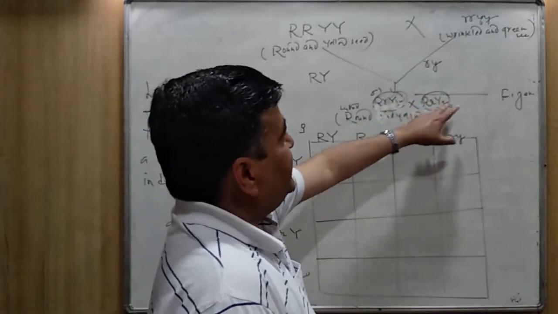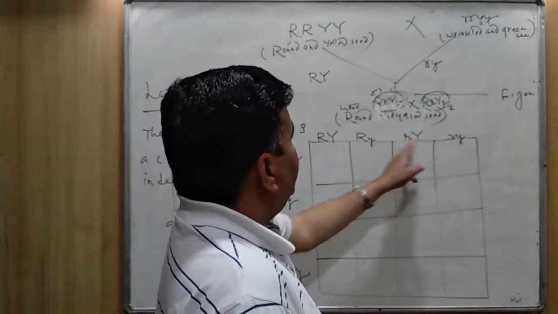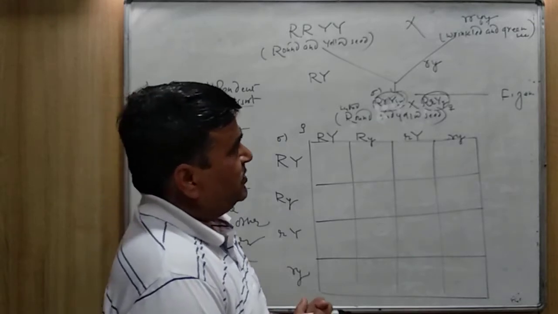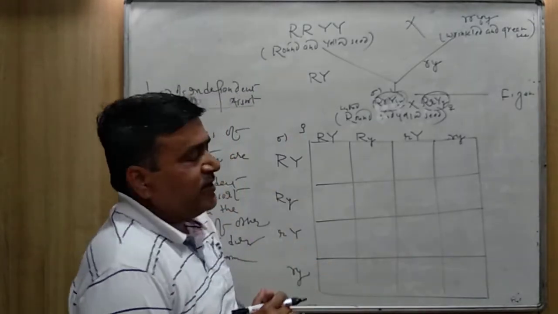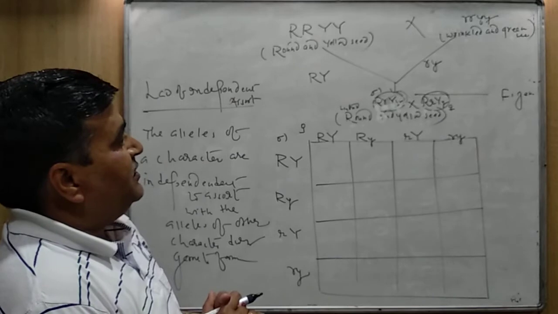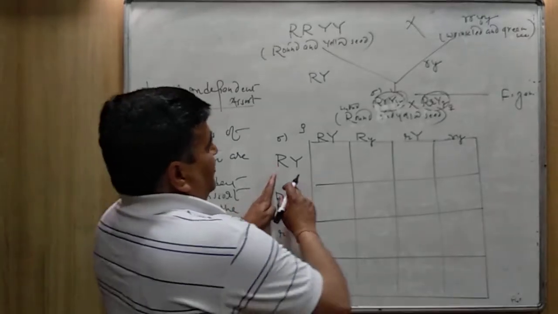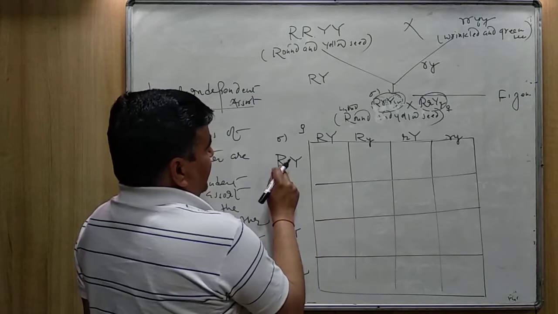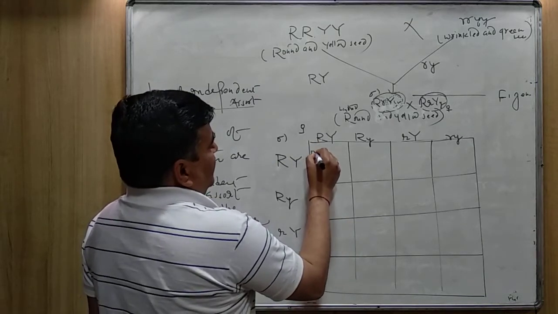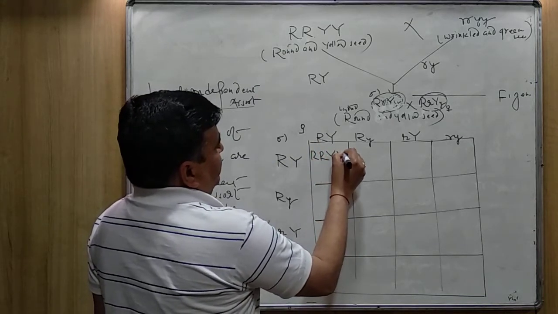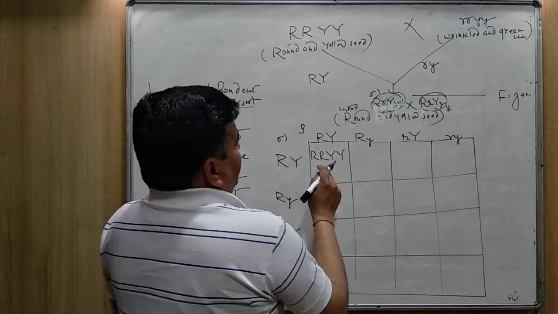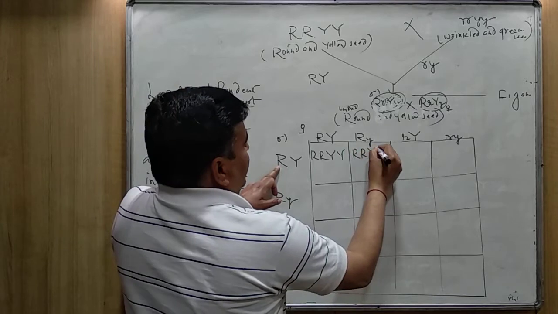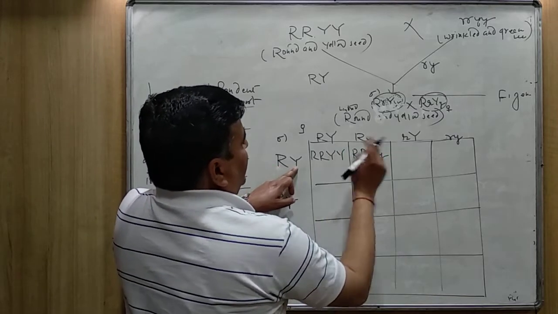Because the genotype is the same, the eggs are also of the same kind like the pollen grains. Now you make here the crosses. How is the zygote going to be formed? The capital R, capital Y, capital Y. From here up to here you can cross R, capital Y, small y.